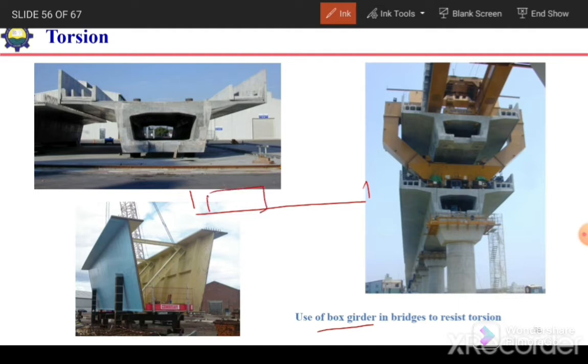For example, if the load is acting over here, and we have a beam or girder at the center, then because of that load there will be torsion or twisting inside this girder. So to resist that torsion, we provide these hollow sections, box girders. This is a closed section, so it can resist the torsion very effectively.